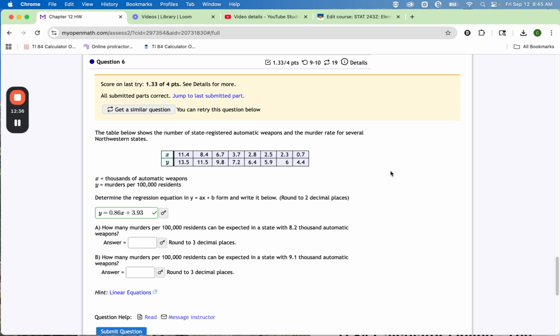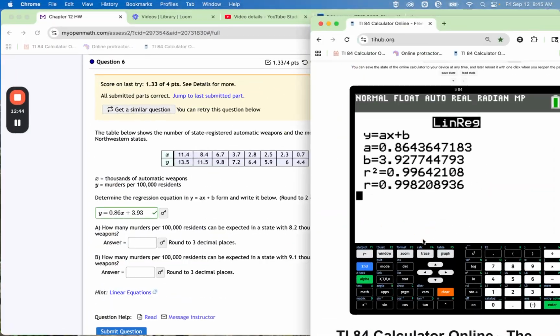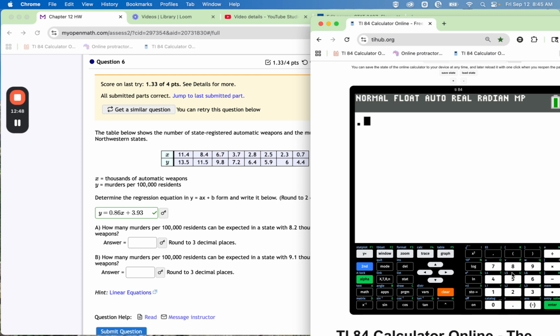How many murders per 100,000 residents can be expected in a state with 8.2 thousand automatic weapons? So I just put 8.2 in for X. So I'm going to go 0.86 times 8.2 plus 3.93.